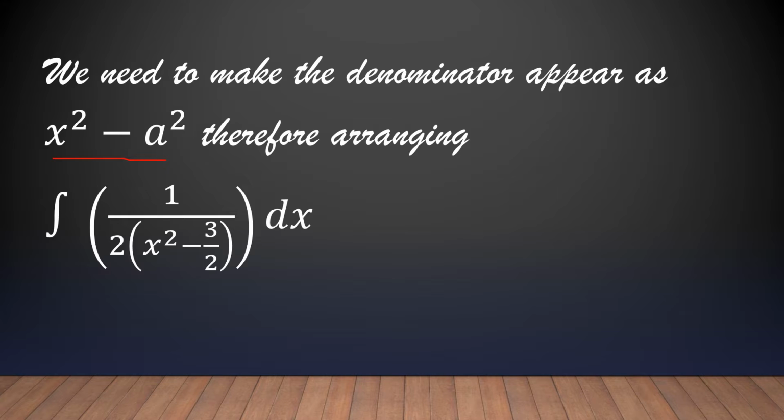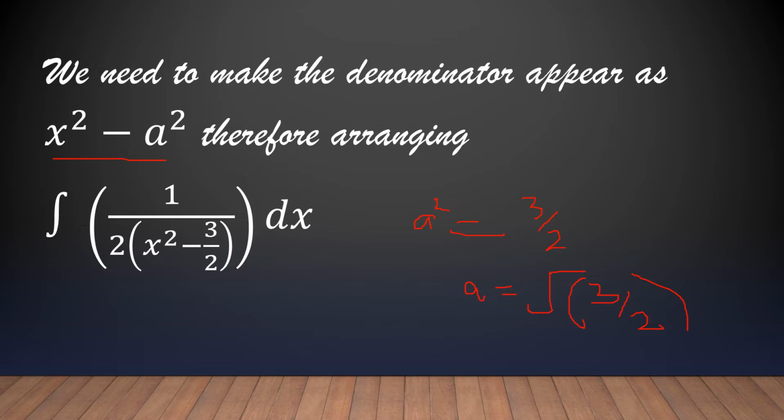Now from here I can see clearly that I'm able to trace my x squared and my a squared. So this 3 over 2 is my a squared. So a squared in this case is 3 over 2, which means that our a is actually the square root of 3 over 2.